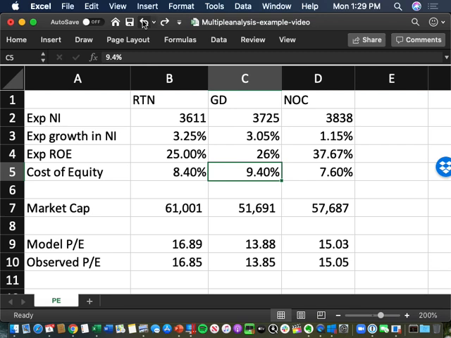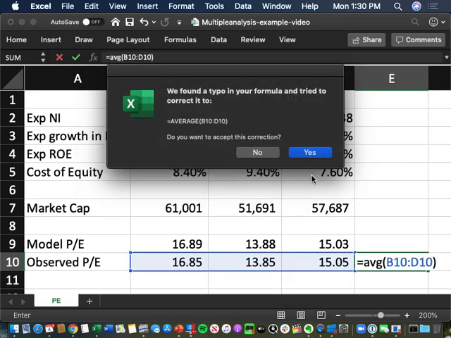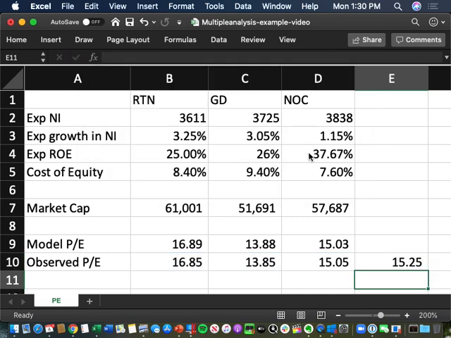growth spread. So said another way, if I were to take an average of these three, which would be 15.25. Basically, what makes you trade at 15.25 is there should be a growth spread combination that explains 15.25.